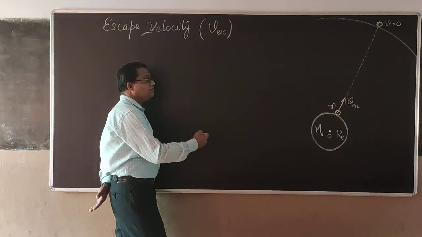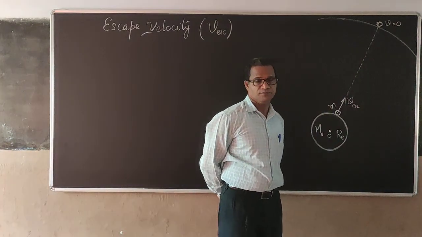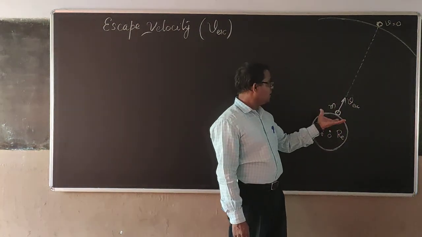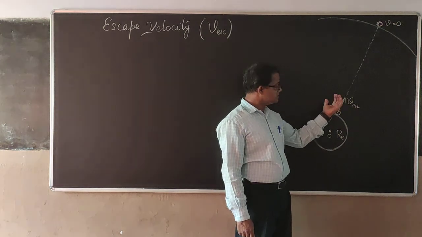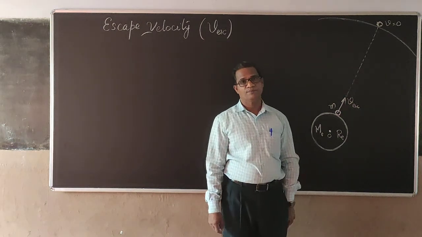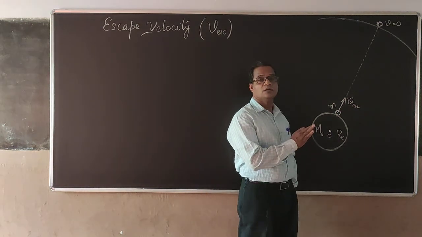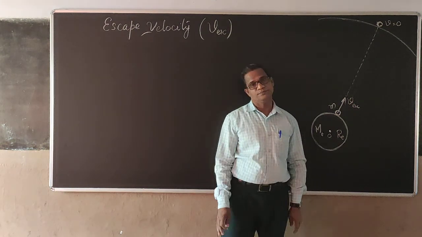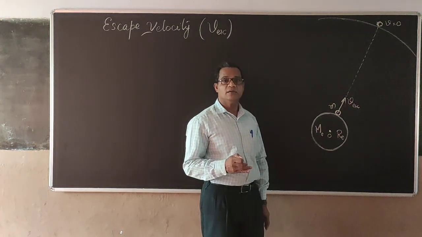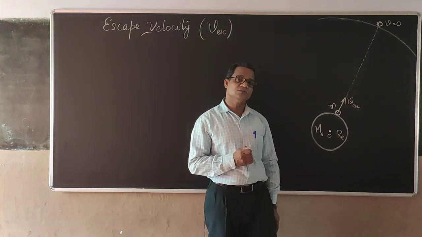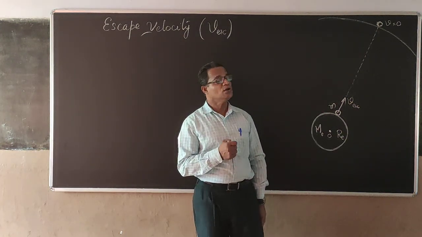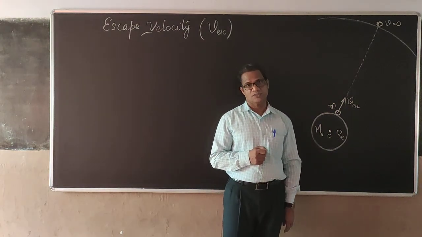Now how can we derive an equation for this escape velocity? For that we have to consider a condition here. Part of the motion will be inside the attraction of Earth and the other part is outside the attraction of Earth. So the force equation won't play any role here. So we will depend on conservation laws, and here I am using the conservation of energy for getting an equation for escape velocity.